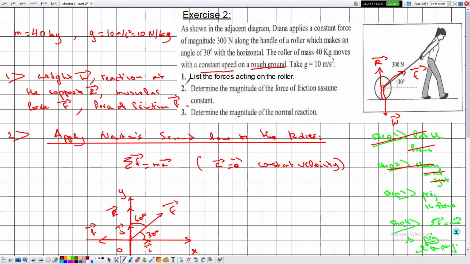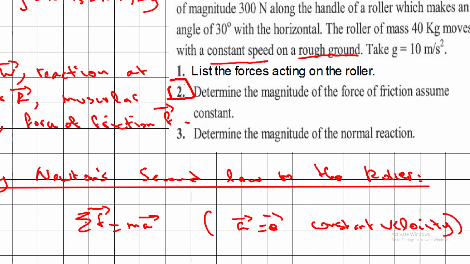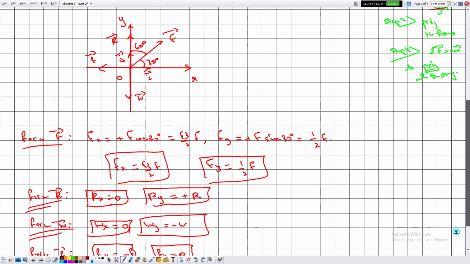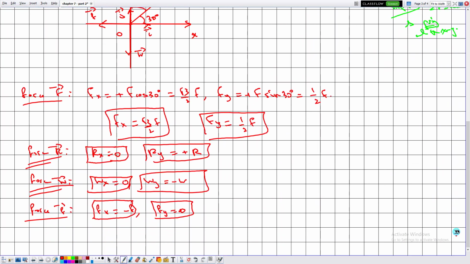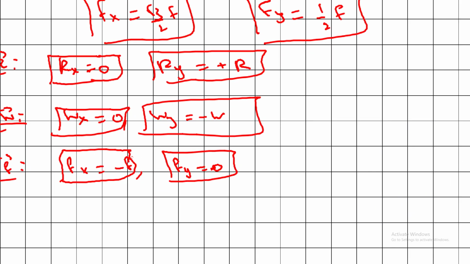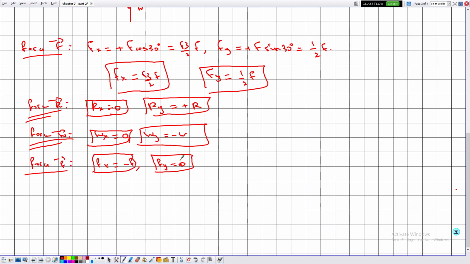But if we are now solving part 2 alone, we are interested just in determining the force of friction. So the magnitude of the force of friction only appears in the x component and not in the y component. So let's project along the x-axis only.